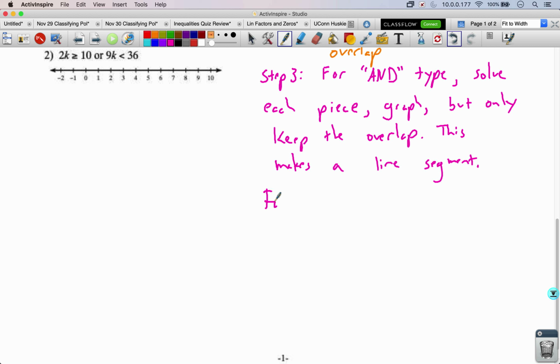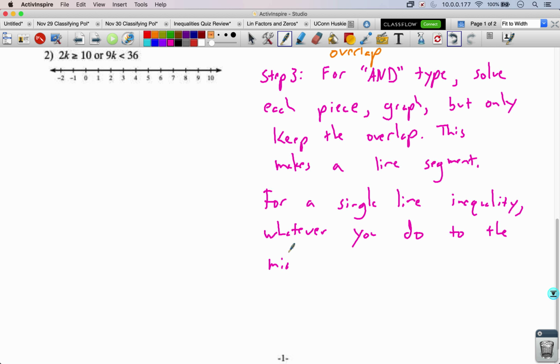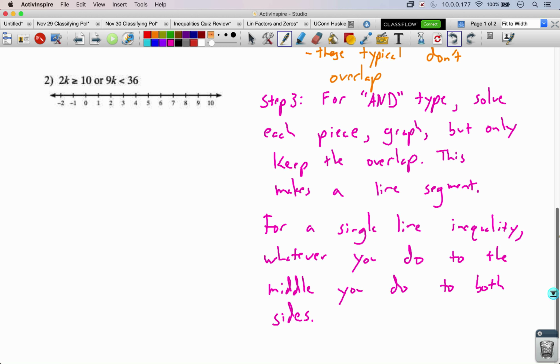All right, so for a single line inequality, whatever you do to the middle, you do to both sides.